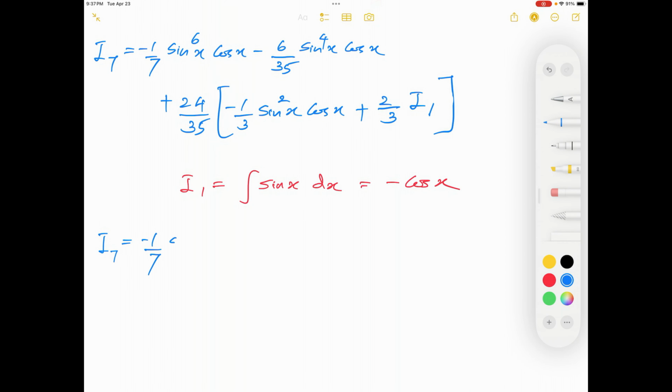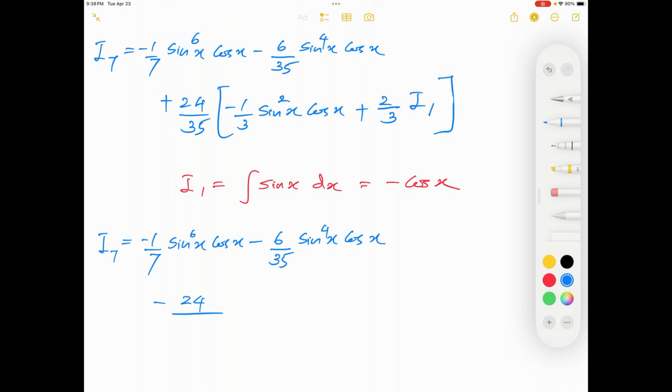I sub 7 should be now equal to negative 1/7 sine 6th power x cosine x minus 6 over 35 sine 4th power x cosine x, and then I need to continue with these two. Those two terms should be multiplied: 24 over 35 times negative 1/3.